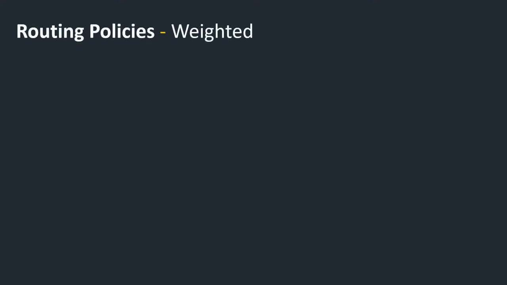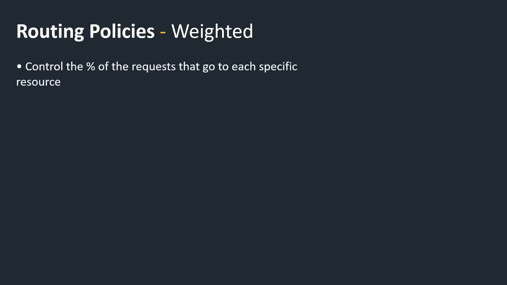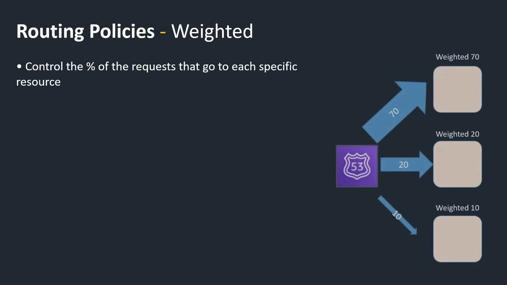Now let's talk about the weighted routing policy. The idea is that you can control the percentage of requests that go to a specific resource. To put it simply in the diagram, we have Amazon Route 53, and then we have three EC2 instances that have been assigned different weights: 70, 20 and 10.